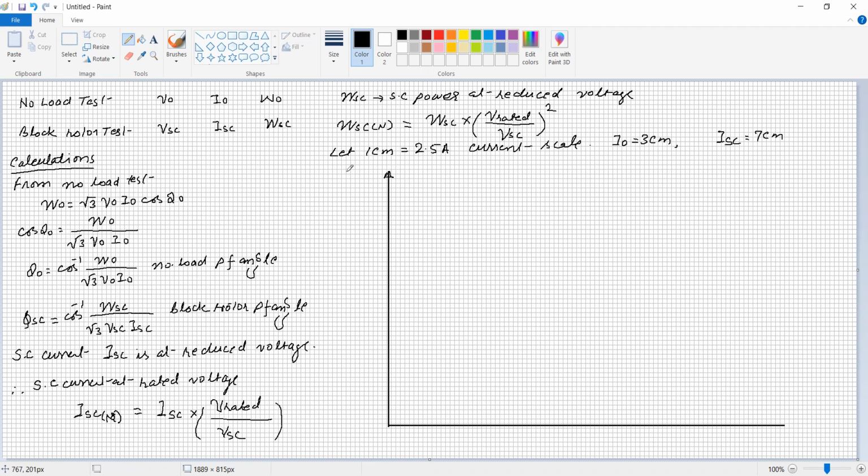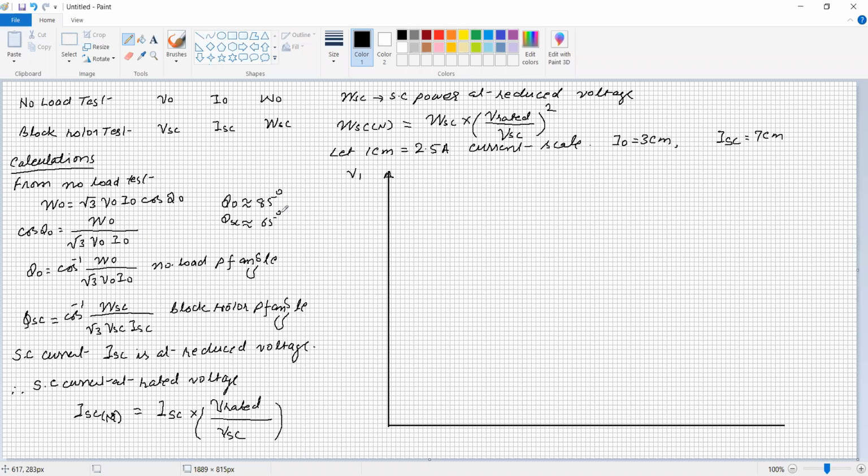The current I0 is lagging by this angle theta 0. This angle is nearly 90, say theta 0 is nearly 85 degree, and theta SC is nearly say 65 degree. This is the example I am taking to draw the circle diagram.